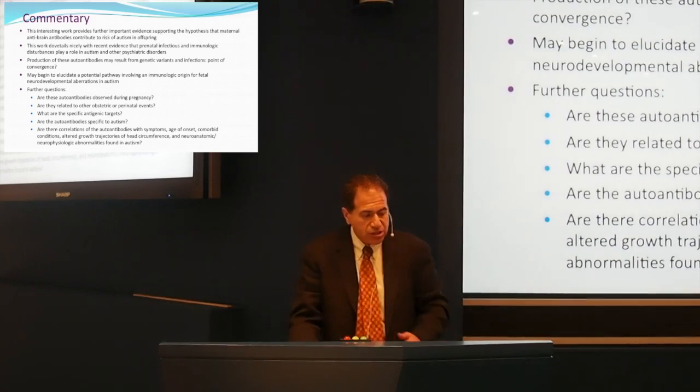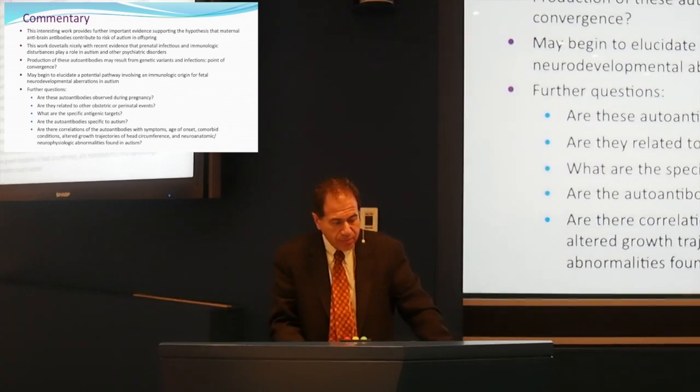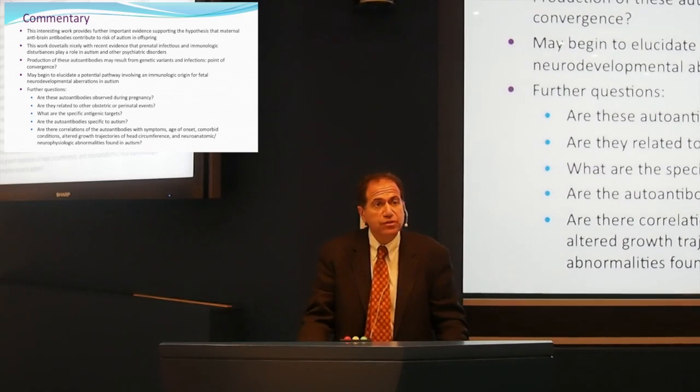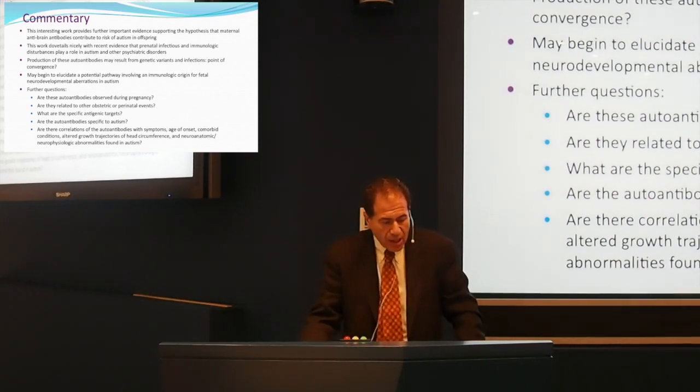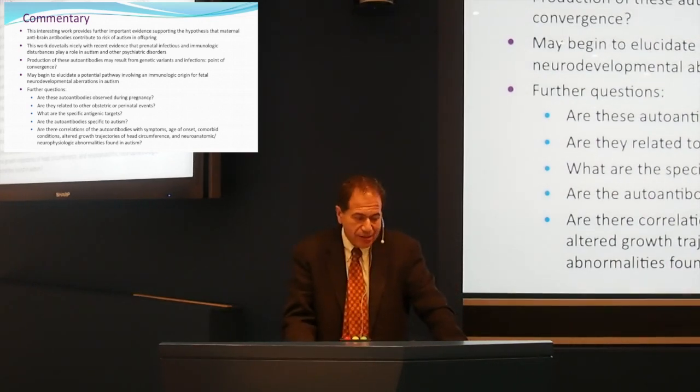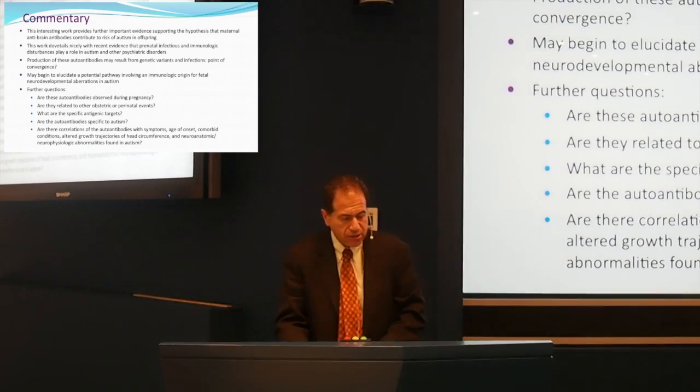There are obviously further questions. One question that I raised would be, are these autoantibodies observed during pregnancy, and is that related to autism? Are these related to other obstetric or perinatal events? These first two questions can be addressed potentially in birth cohort investigations that I'll be talking with you more about. The antigenic targets have already been covered. A big question, I think, too, as was alluded to by Betty's presentation, is, are these autoantibodies specific to autism?